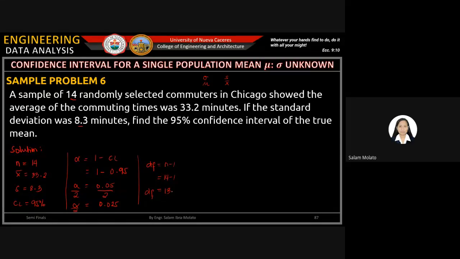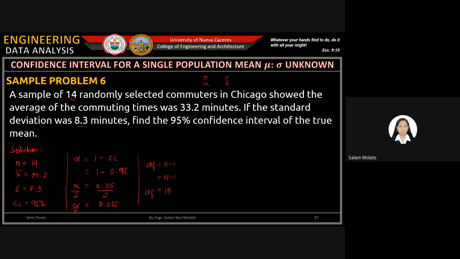All right. So, therefore, this is 13. Balikan naman natin again yung table. Meron ba kayong copy dyan? Para ma-practice nyo sana. Tandaan muna natin ng mabuti. DF is 13. Alpha over 2 is 0.025.